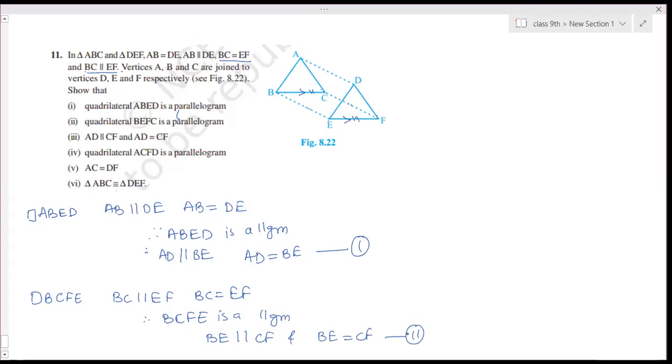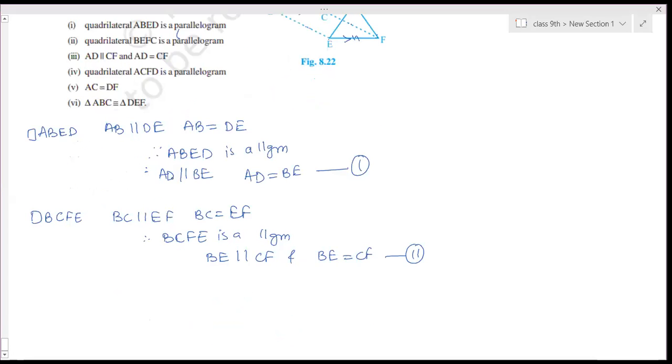Make this equation 2. Now from 1 and 2 what can we say? AD is parallel to BE and BE is parallel to CF. Therefore AD is parallel to CF. AD is equal to BE and BE is equal to CF. So therefore AD is equal to CF. That is the third part.